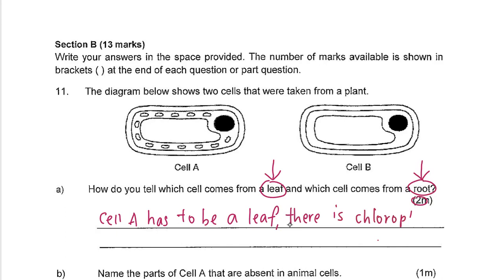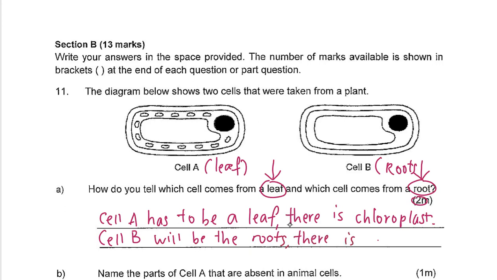Remember chloroplast is the one that's in charge of making food. And who is the one who makes the food? It is the leaves, not the roots. So this must be the leaf, whereas this must be the root. So I also got to talk about cell B because there are 2 parts to the question, right? Cell B will be the root. Why? Because there is no chloroplast.